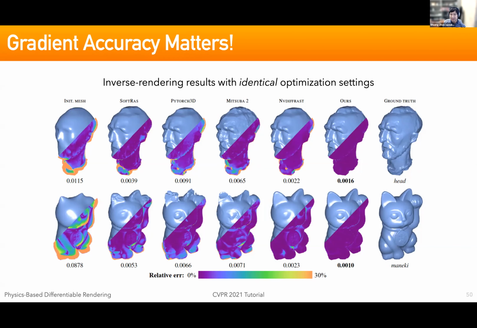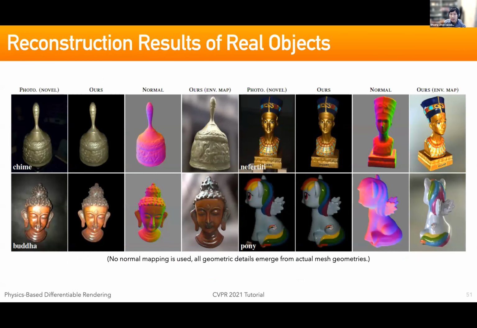Again, all these results share the same initial configuration, same learning rate, same optimization configuration. The only thing that differs between these results is how the derivatives, or the gradients, are computed. Here we show some additional 3D reconstruction results of real objects.